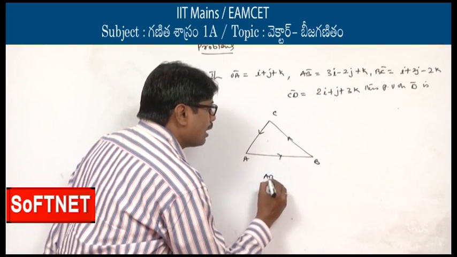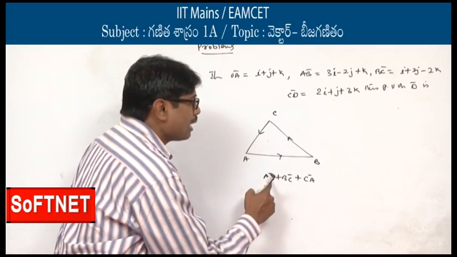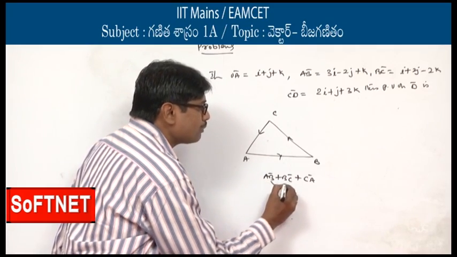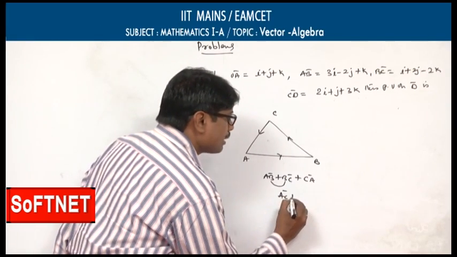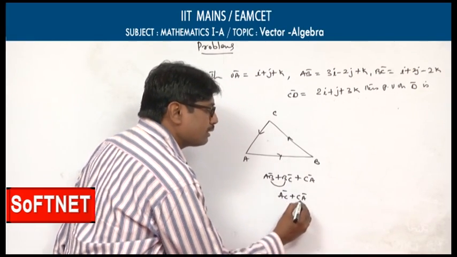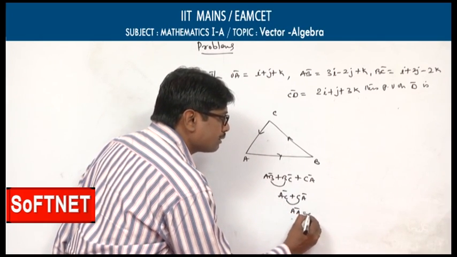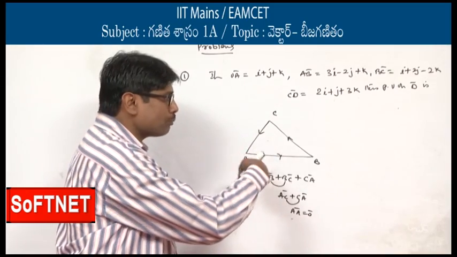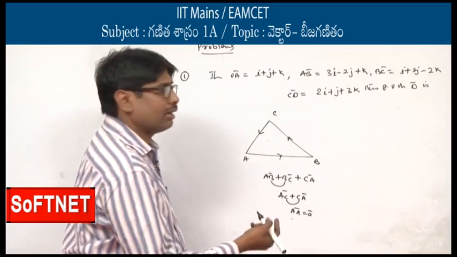In every closed polygon, the vector sum is 0. So AB bar plus BC bar plus CA bar. If you take AB bar plus BC bar, whose initial and terminal points are coincident, you can write it as AC bar, and then plus CA bar. Here again the initial and terminal points coincide, so it is AA bar, which is equal to 0 bar. You may take a triangle or a quadrilateral.